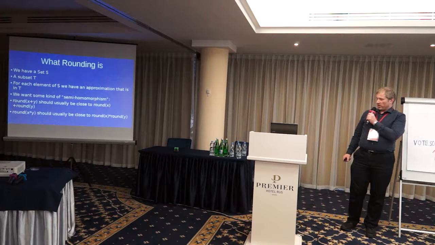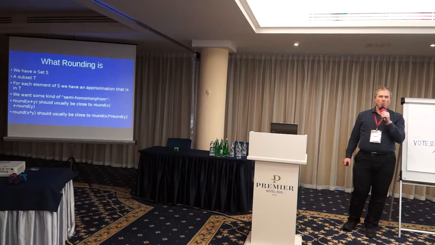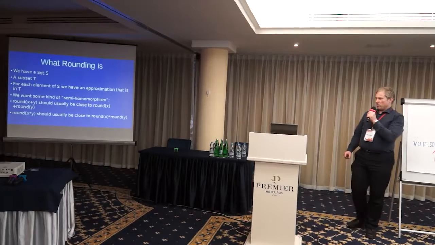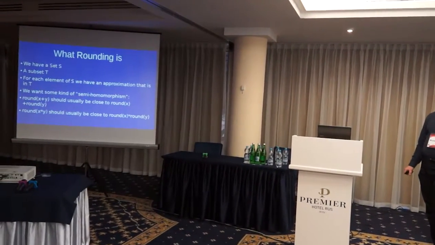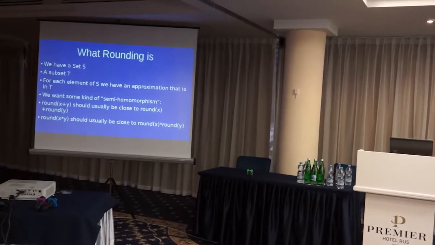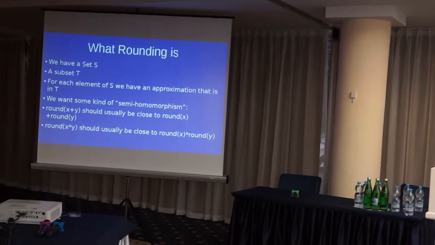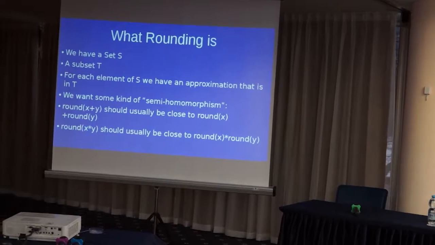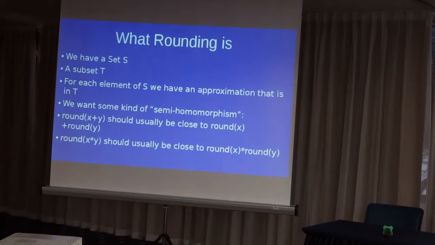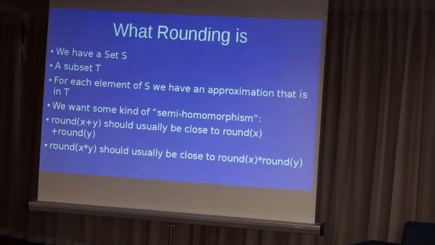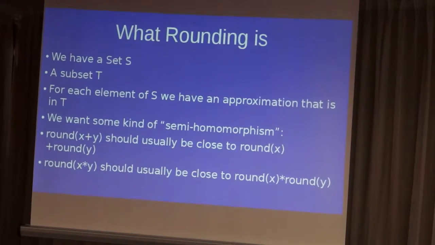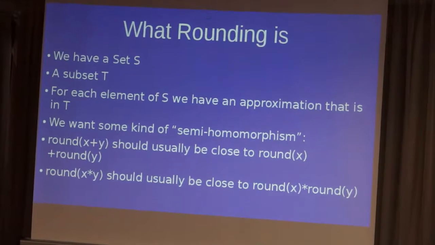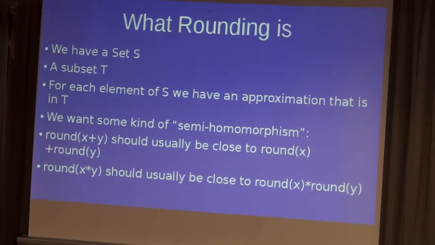What we also want is some kind of semi-homomorphism. So when we do arithmetic before rounding and after rounding, it gives similar results. Ideal would be that it's equal, but that's unfortunately something that we don't usually get. But some kind of semi is nice to have, and we actually expect that, otherwise the rounding is usually something crappy.